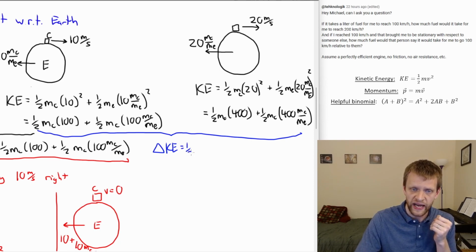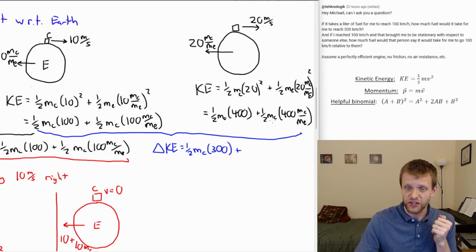That's going to be 1/2 mass of the car times 300. Plus, we have got something similar for here: 1/2 mass of the car times 400 mc over me minus 1/2 mass of the car times 100 times mc over me gives us 1/2 mass of the car times 300 mc over me.